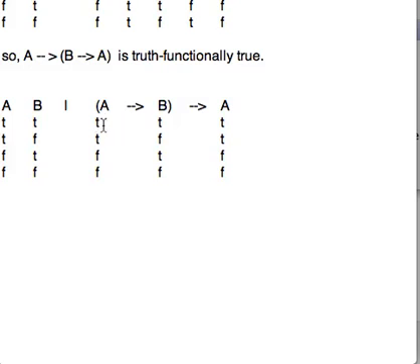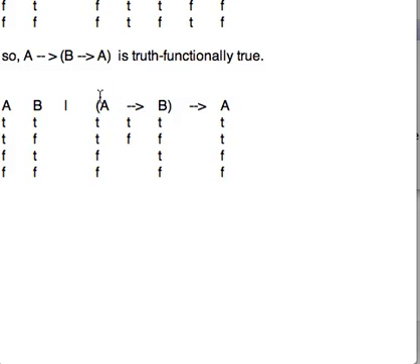We know that the antecedent and the consequent are both true, so the whole complex sentence comes out true. Here the antecedent, A, is true, but the consequent is false, so the complex sentence is false.